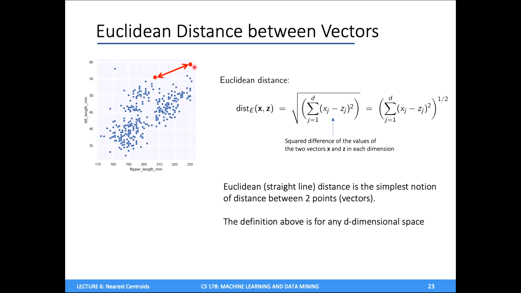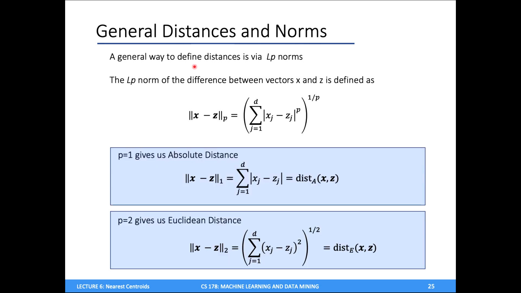Yeah, another question. So for very large values of p, the p norm is very close to the maximum difference between the feature values. Let's say you have a feature vector that corresponds to someone's age, their height, and their weight.